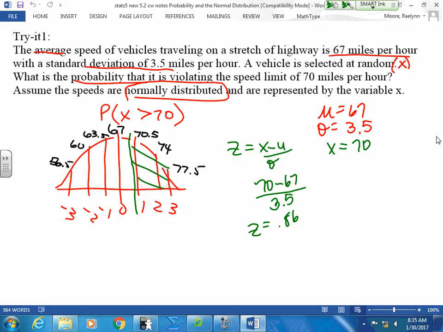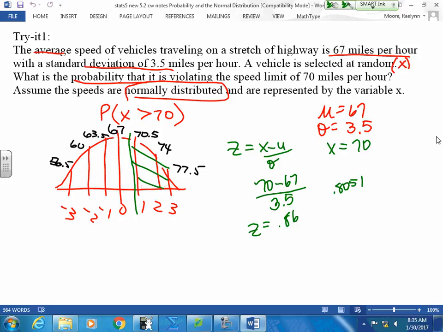We're almost there. I want the area to the right. If I look 0.86 up on my table, I get this big number, 0.8051. Could that area to the right be 80%? That's my area to my left, right?